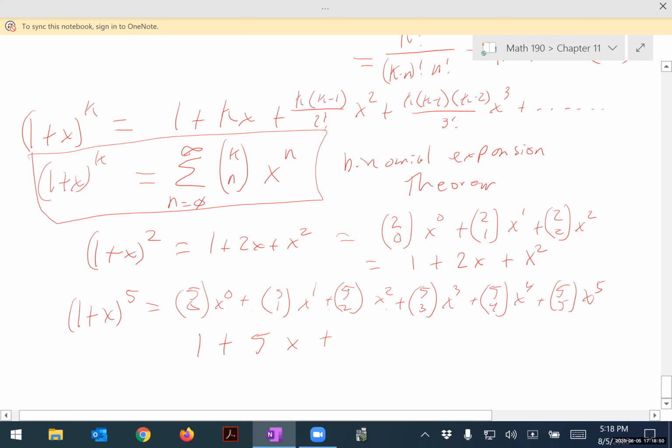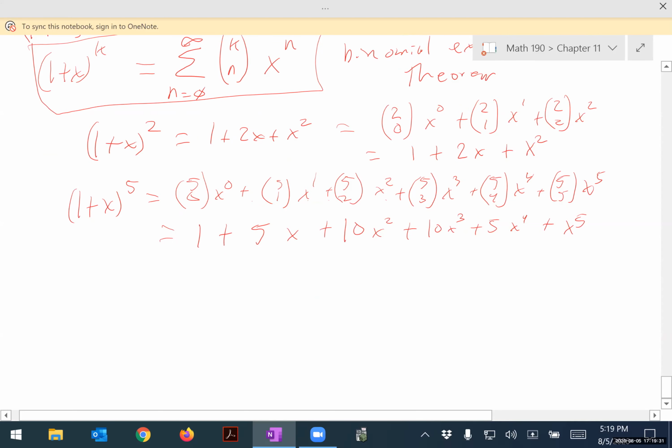This is going to be 5 factorial over 2 factorial times 3 factorial, so we get 5 times 4 times 3, which is 60, divided by 6, that's 10. 10x squared plus, and what's nice is there's symmetry here, so this actually goes 1, 5, 10, 10, 5, 1. Boom.